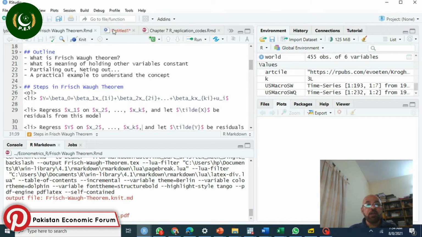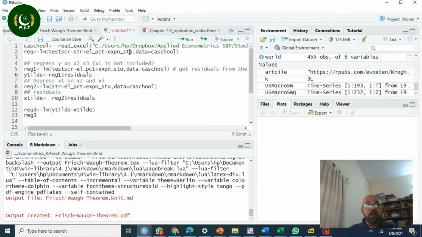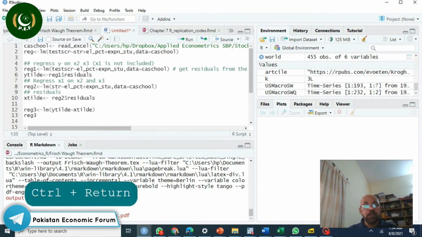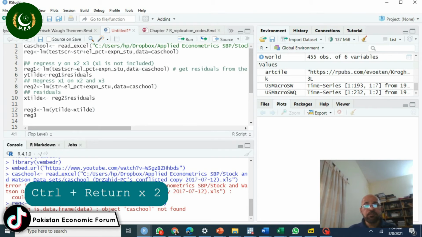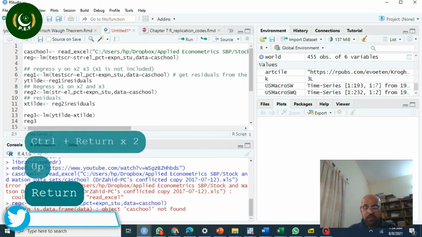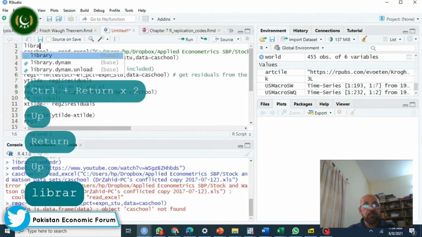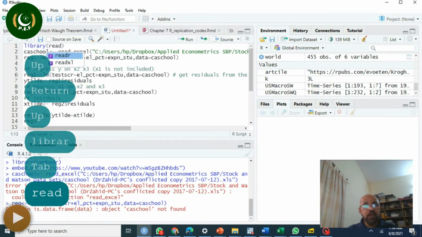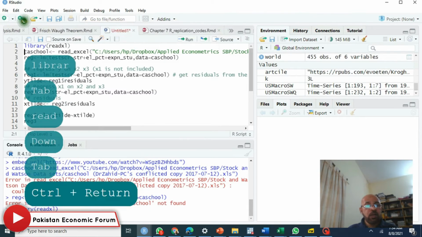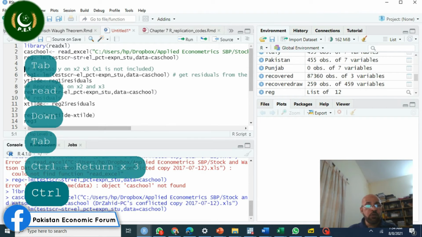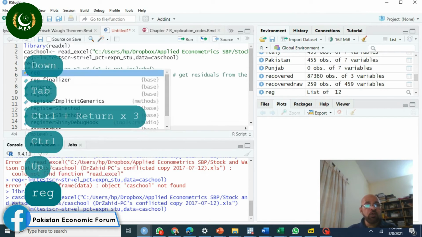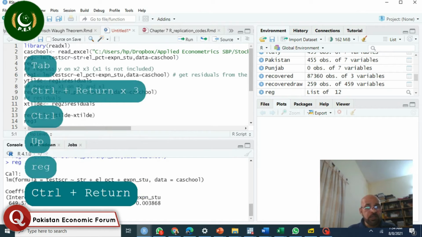So here we have the regression model, and I have uploaded the California school data. I need the library readxl. Okay, data. Now we have regressed, and if you want to see this regression output, you see minus 0.286 is the coefficient of student-teacher ratio.